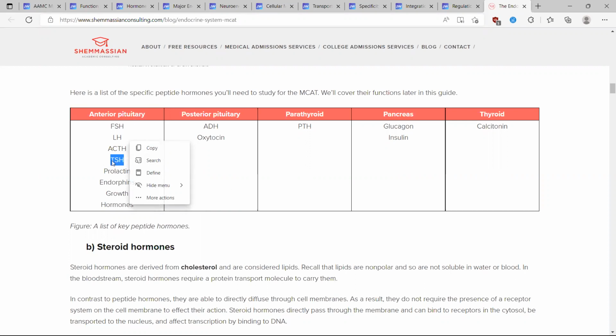Once the TSH has been produced, through the blood, it will go to the thyroid gland, right? On the thyroid gland, it will stimulate those cells to produce T3 and T4. T3 and T4 promote cell metabolism.